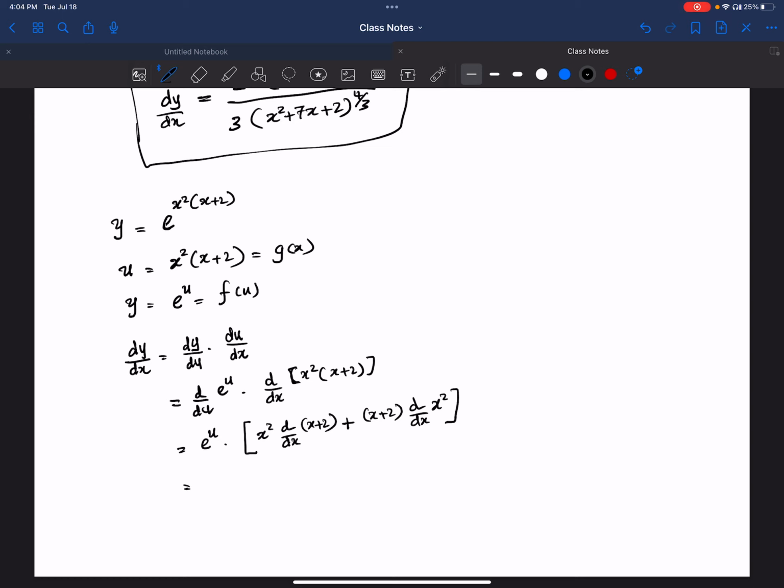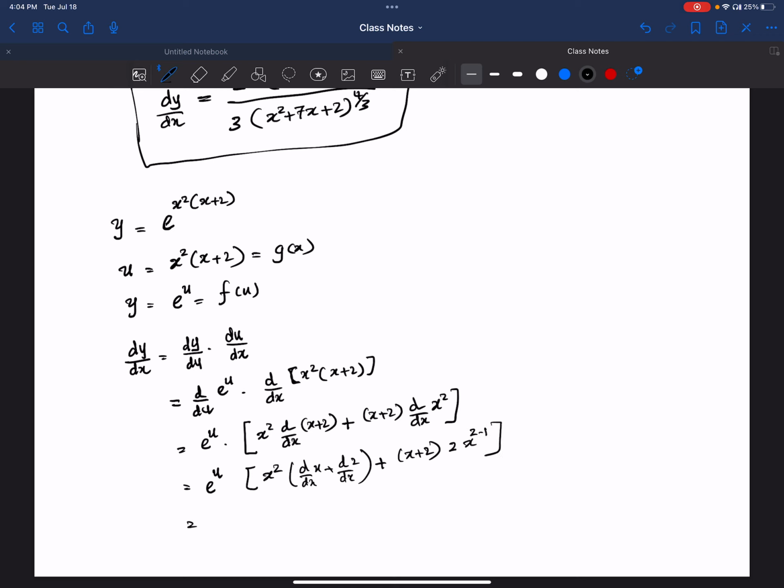Now this is e to the power u, and here in this case we have x squared times d over dx x plus d over dx 2, plus (x plus 2) times 2 times x to the power 2 minus 1.